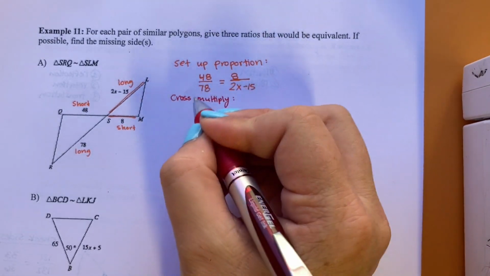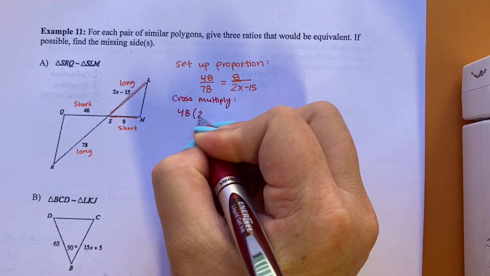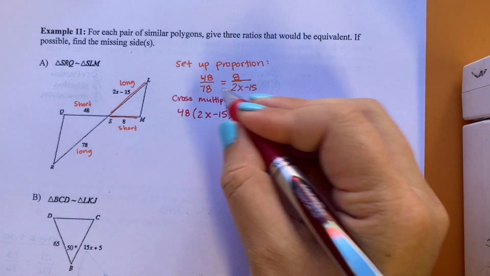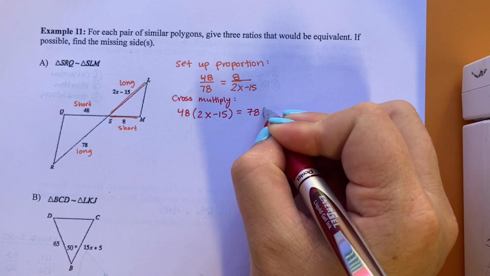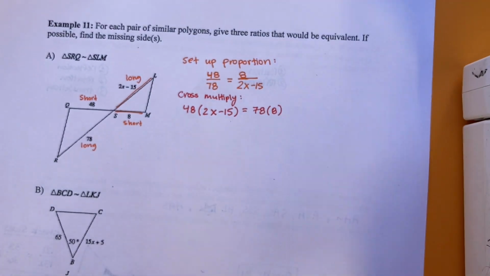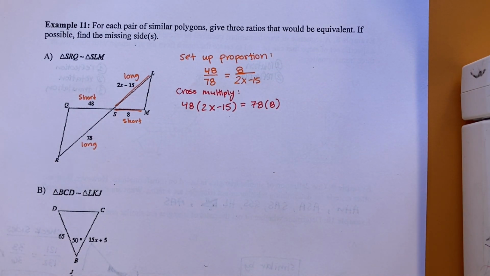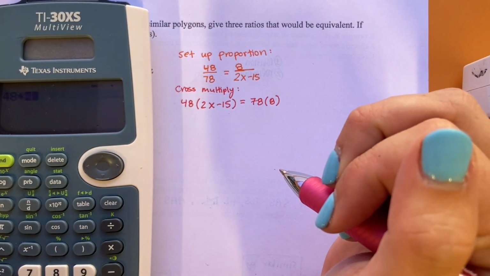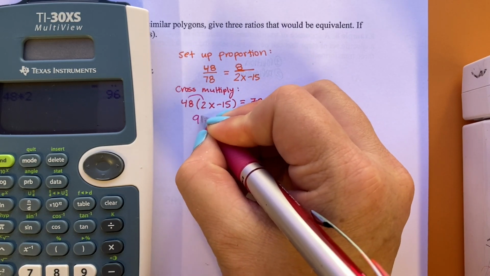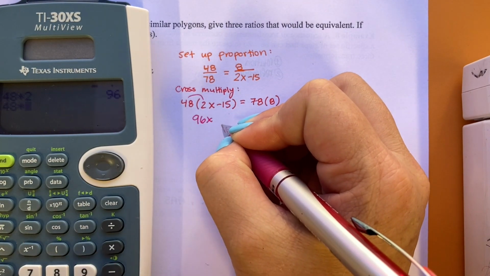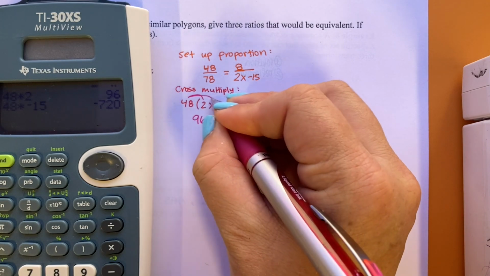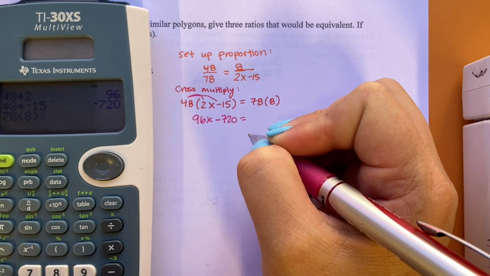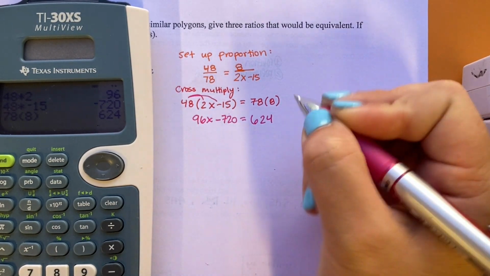So that would give me 48 times 2x minus 15. And then I would have 78 multiplied by 8. Then I'm going to solve for x. So then that would give me 48 times 2, 96x. 48 times negative 15 is negative 720. 78 times 8, 624.